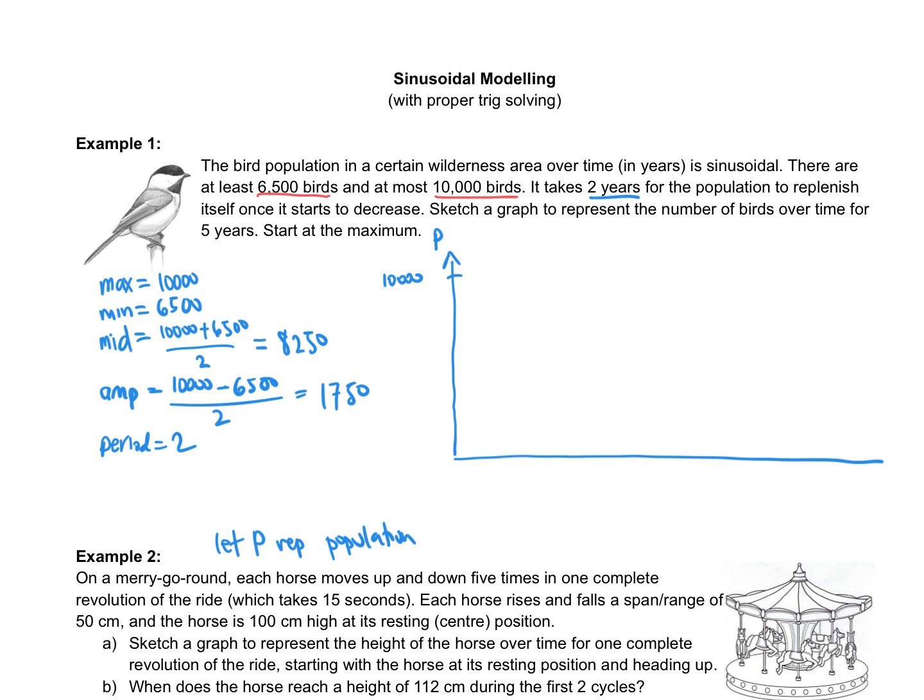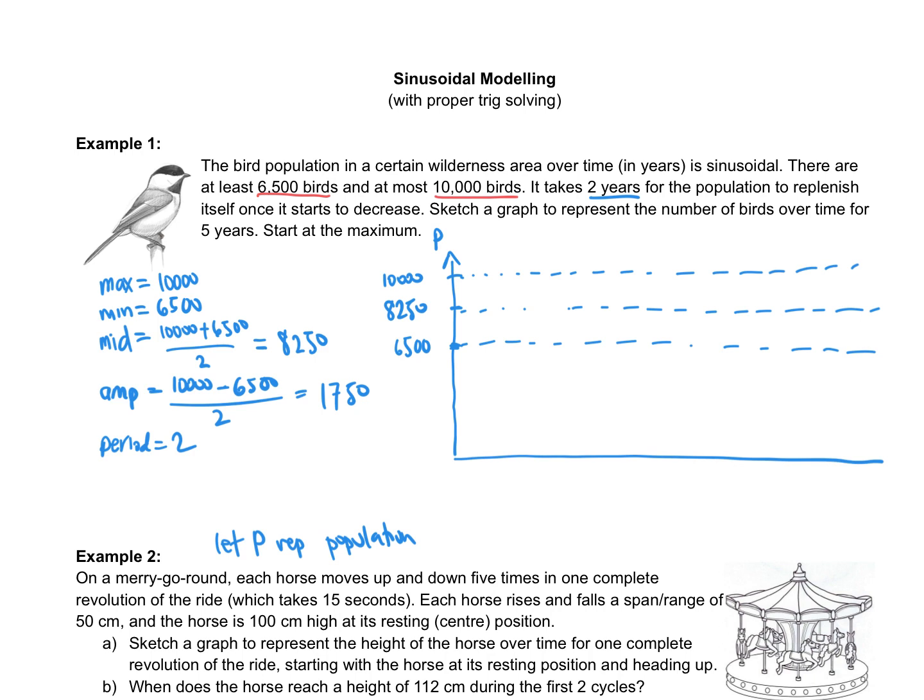My minimum is a little bit more than 5,000, so 6,500. And then my midline is at 8,250. And I like to put just a little reference for me here for when I do draw my function.